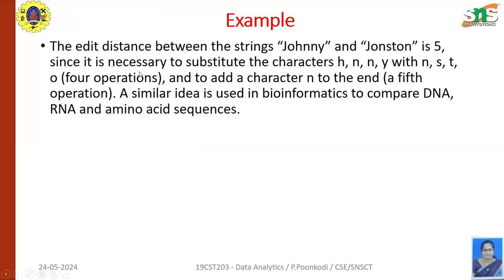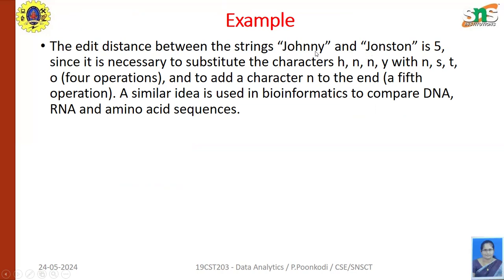You can consider this example, the edit distance between the strings Johnny and Johnston. If you consider these two, here in Johnny we have only 6 characters, while in Johnston we have 7 characters. If you consider this, the JO will get cancelled. Here also JO will get cancelled.